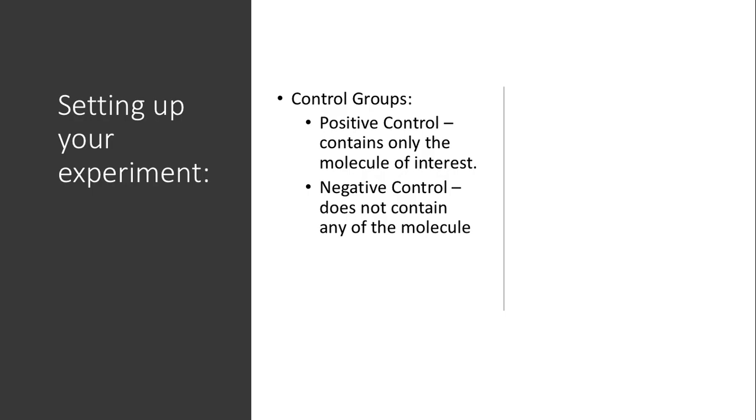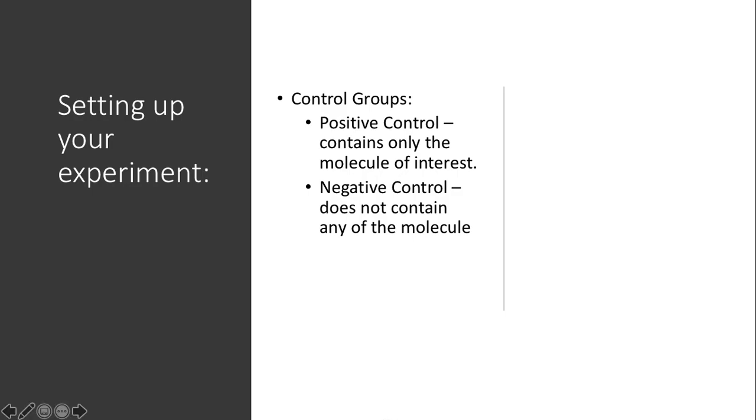So the reason for doing this is that with a positive control, you want to see what a reaction looks like. Let's say we're testing our lipids, and we have that Sudan 4 reagent. We want to see what it will look like to actually turn that bright red, so that later, whenever we have an experimental group and we're not sure whether it's supposed to turn bright red or nothing at all, we will know what that bright red looks like.